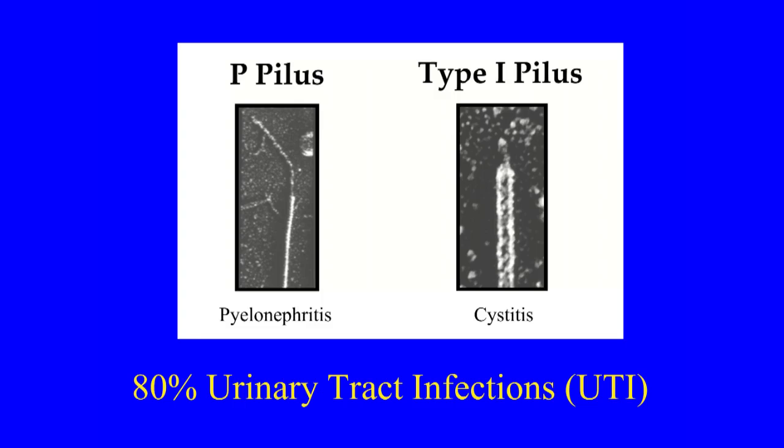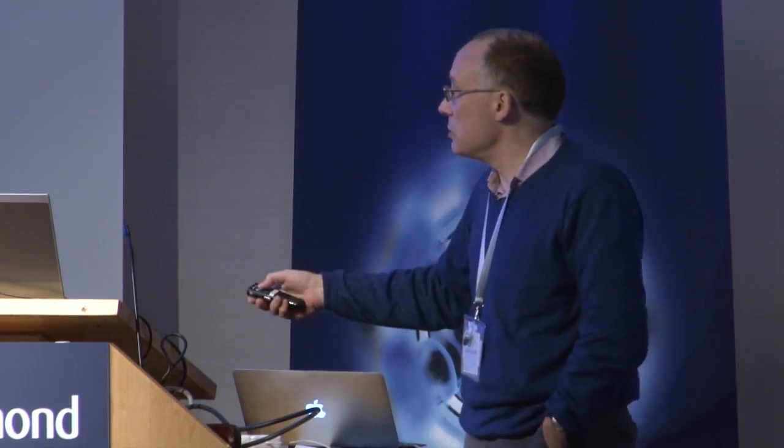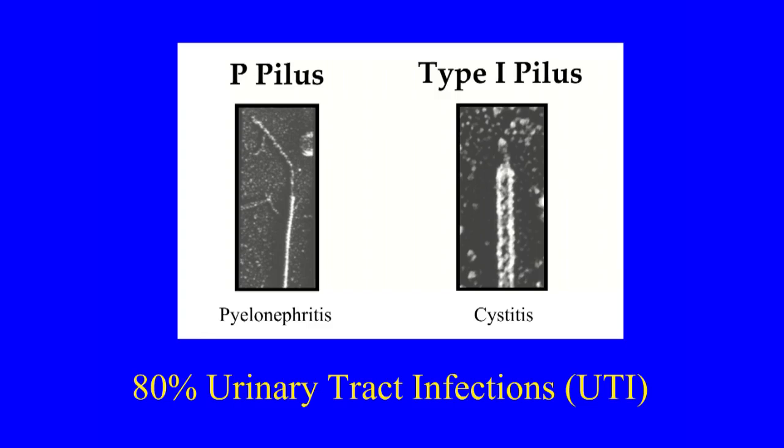And then, as I told you just before, the bacteria that produce the type 1 pili are targeted to the bladder, and they cause cystitis. And again, between the 2 of them, they are responsible for 80% of urinary tract infections. So I'm going to try to explain in 5 minutes how they are produced, at least the state of knowledge before we got into the field.